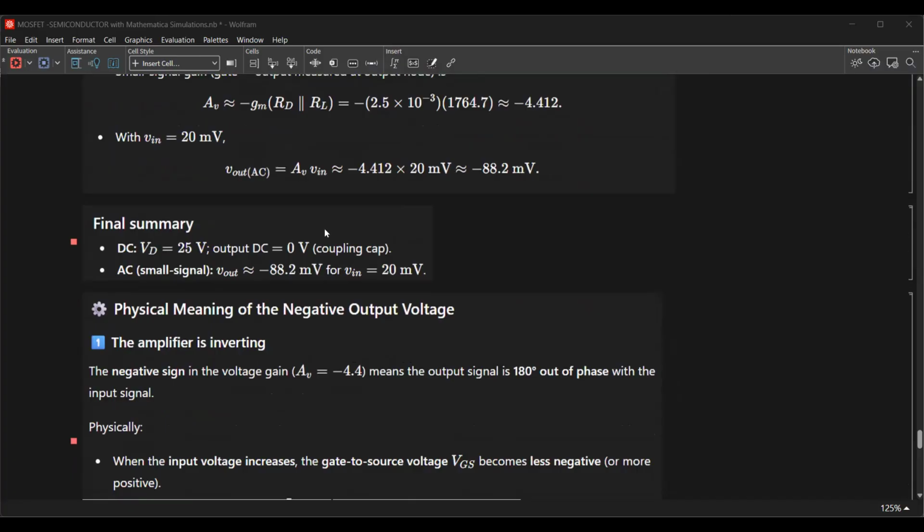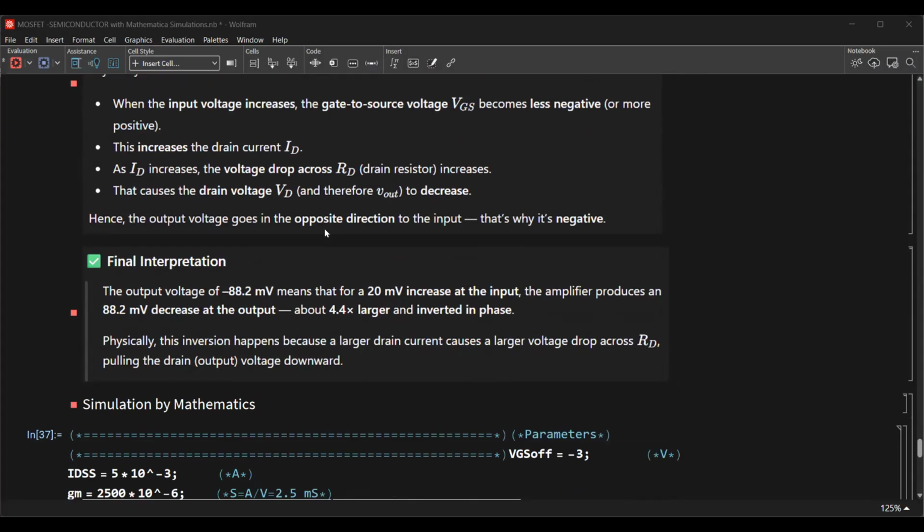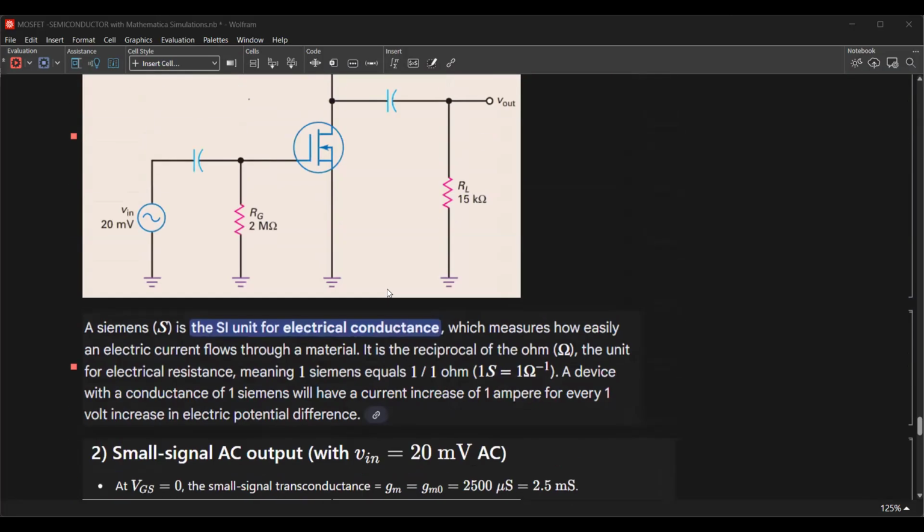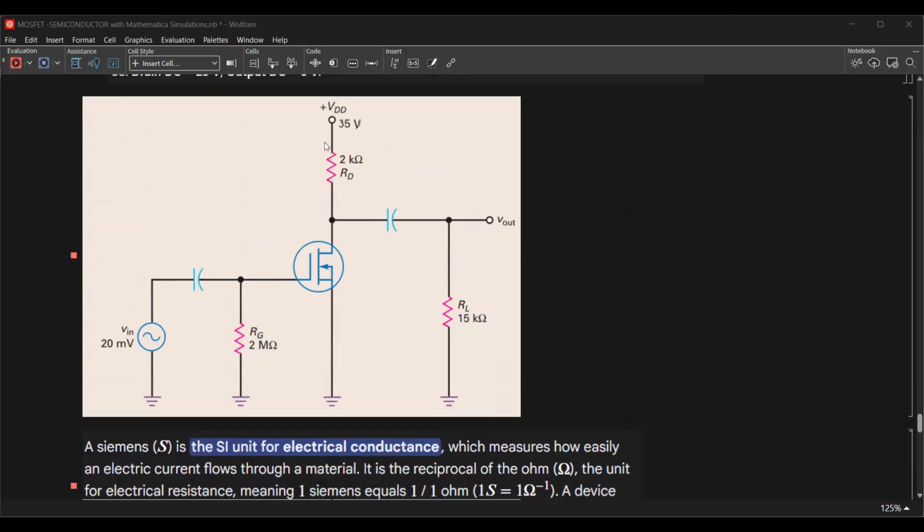So what happens to the voltage at point D? As ID increases, the voltage drop across the drain resistor increases. So this causes the drain voltage, and therefore V out, to decrease, because we have 35 minus a greater value for the voltage drop, so it becomes smaller.